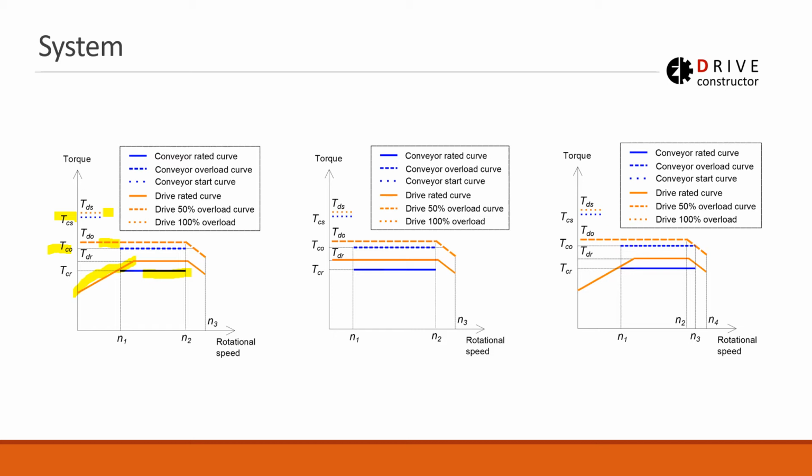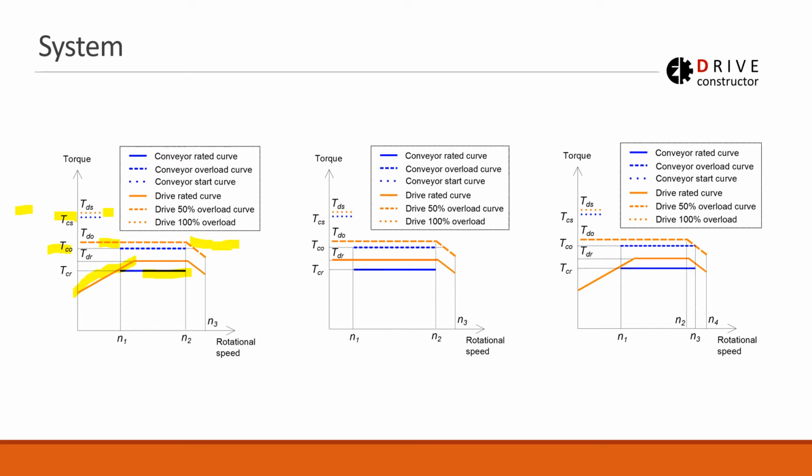The first overload level can be, for example, 50% higher torque, possible for just 30 seconds or 1 minute. And the higher level of overload can be just for 2 seconds. Usually the frequency converter is the limiting factor here, because otherwise the switches will overload if we overload them for longer than 2-3 seconds. This should be kept in mind.